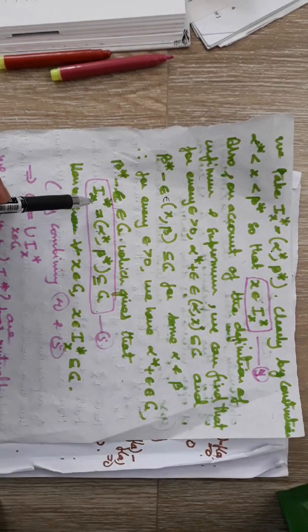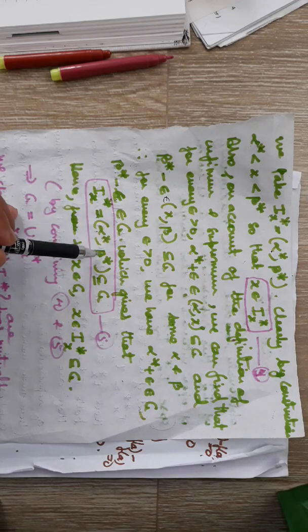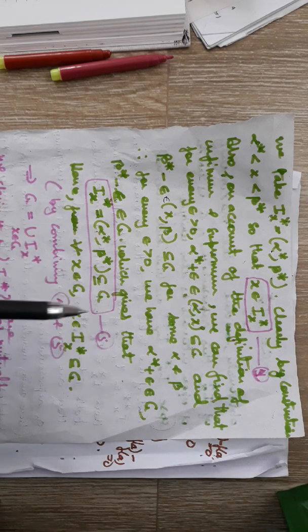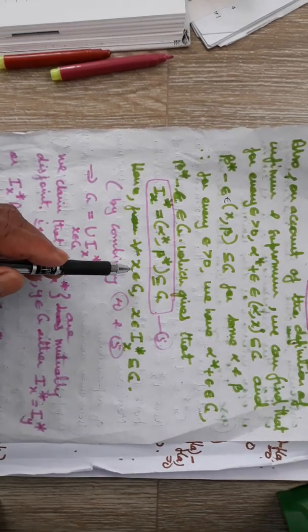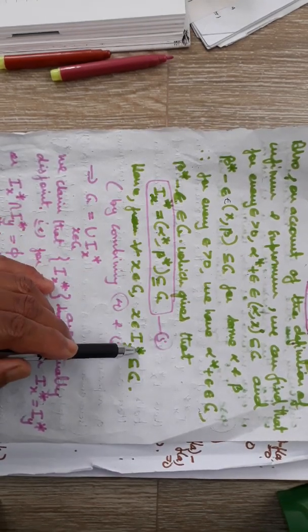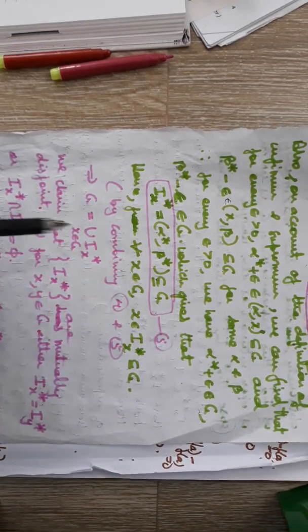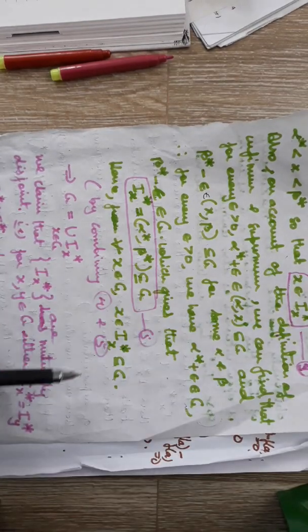So this shows that each and every point which lies inside this will be contained in G. Hence for all x belonging to G, x belongs to I_x star, and it is contained in G, by combining 4 and 5.